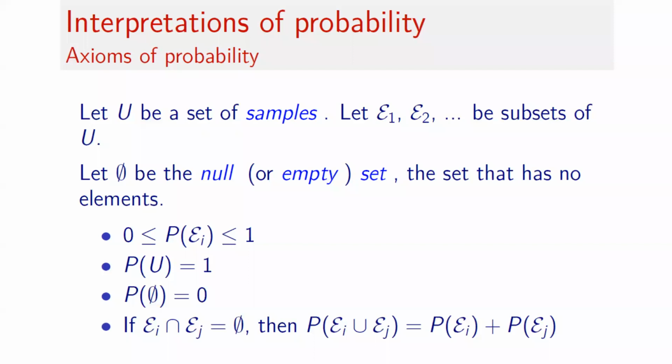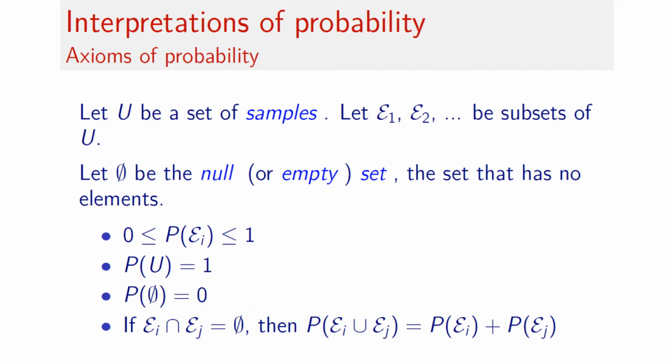Okay, now we will start with the probability axioms. Suppose we want to describe an experiment that has more than one outcome. We can define the universe, capital U, which is the set of all possible outcomes of the experiment.